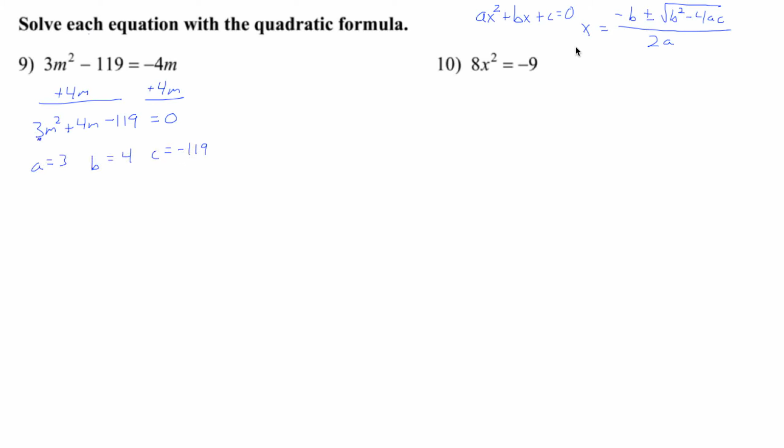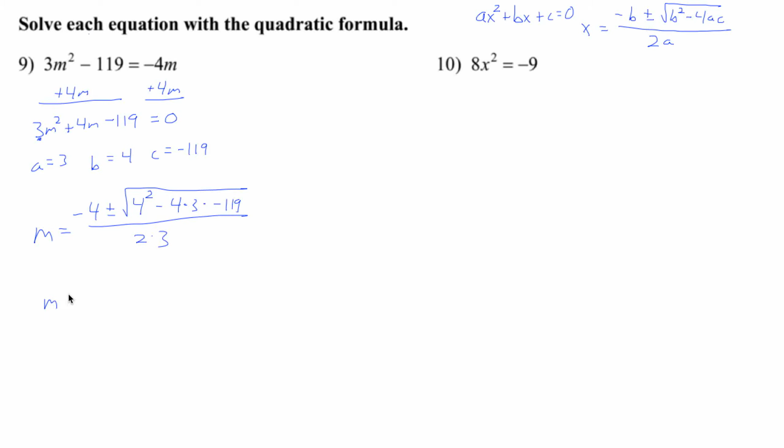And now we plug these in for a, b, and c. We don't put the letter m at all in this. We just plug in 3, 4, and negative 119. So instead of putting x equals, we're putting m equals negative b, so negative 4, plus or minus the square root of b squared, so 4 squared, minus 4 times a times c, all over 2 times a.